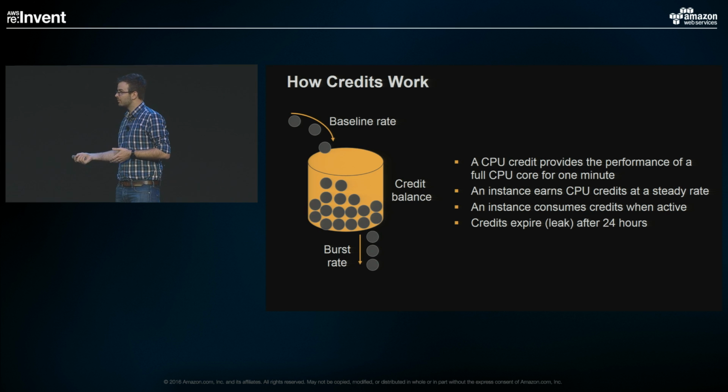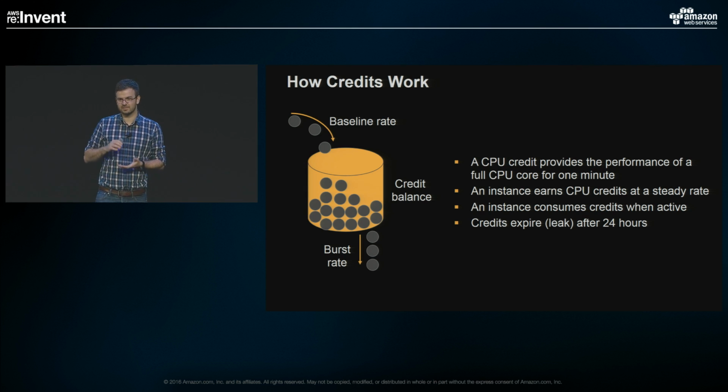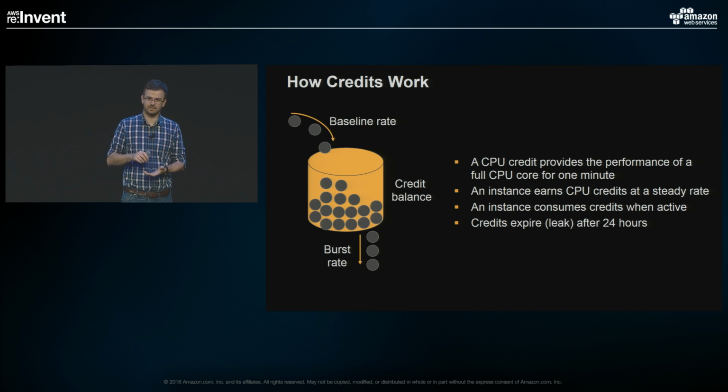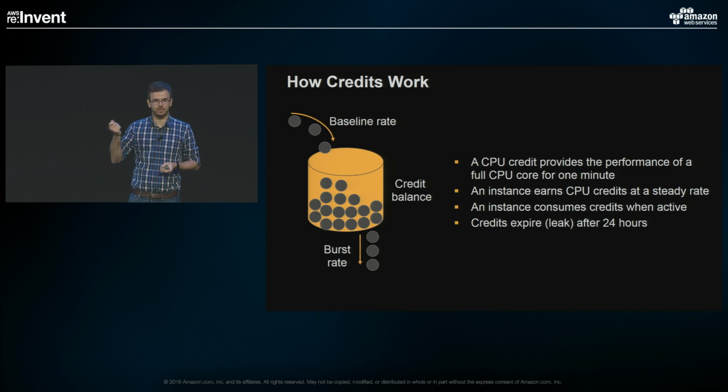So let's dig into how those credits actually work and how you can use them. You can think of the credits in a T2 instance kind of like a bucket. You boot your instance, and you get enough credits in that bucket to handle booting your operating system, launching your application, and doing whatever work your instance was booted for. While your instance is running and doing that work, you're going to slowly start pulling credits out of that bucket.